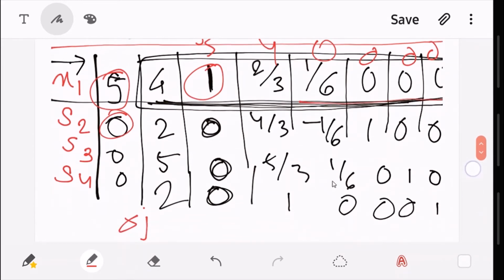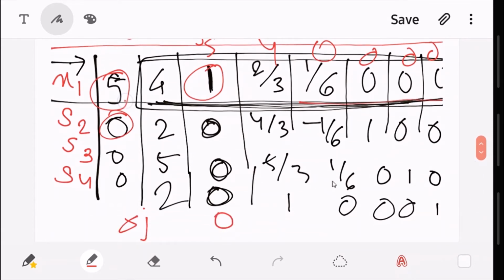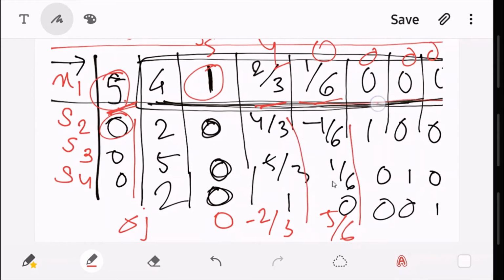So it will be 5 minus 5 is 0. 5 into 2 by 3, I am not adding this because ultimately these are zeros. 5 into 2 by 3 is 10 by 3 minus 4 is minus 2 by 3. Then this is 5 by 6 which is positive minus 0. So it's 5 by 6. And then 5 into 0 is these all will be zeros. So here this is the most negative, therefore this is the column for x2.